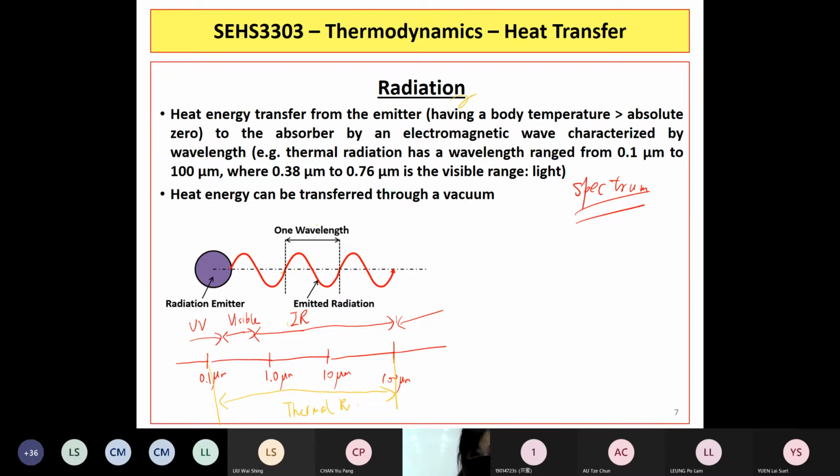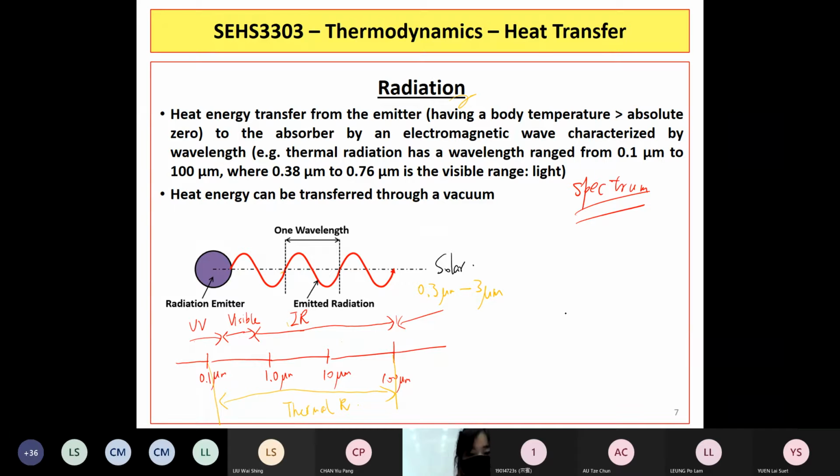So it's from 0.3 micron to about 3. This is solar radiation, the spectrum for solar radiation.